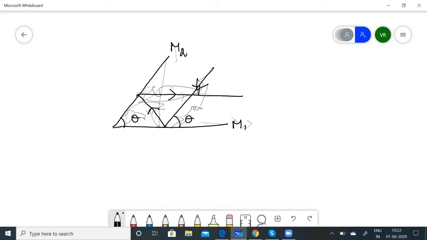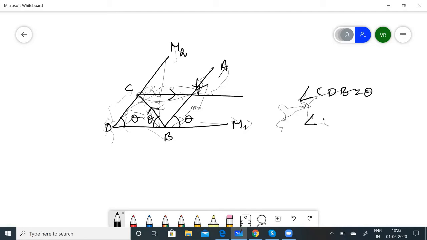Now this angle is theta. Obviously, this angle is also theta. Let me mark these as C, A, B and D. Let us take the angle CDB to be equal to theta. Since AB is parallel to this mirror, angle ABM2 is also equal to theta because they are corresponding angles.